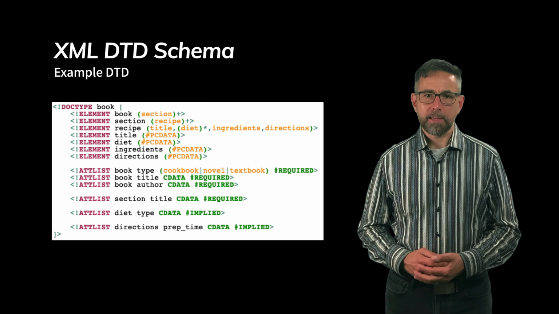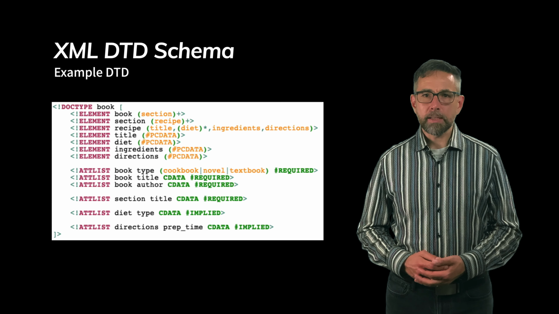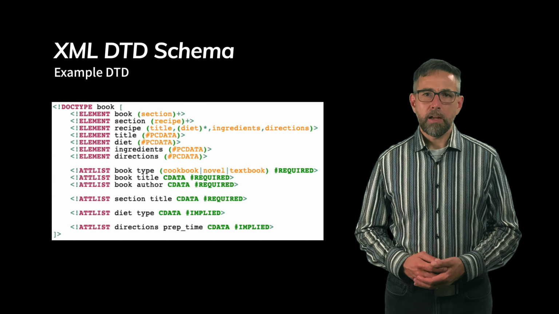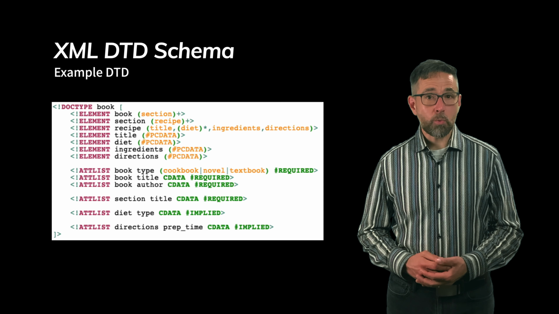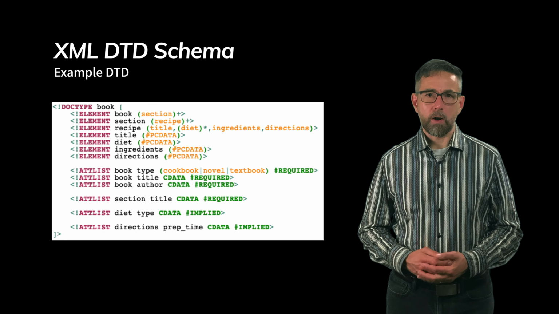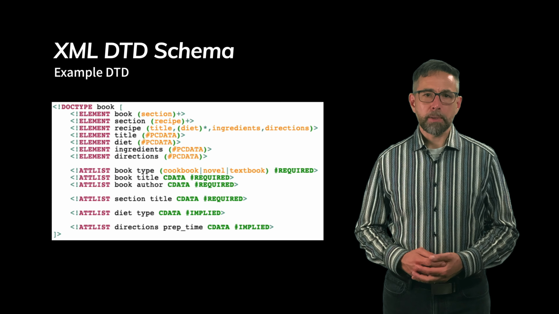That's what the plus sign means. Then you can see the section tag follows. Section tags are only allowed to have one kind of child, the recipe child. And every section must have at least one recipe, but maybe many more. Again, the plus.